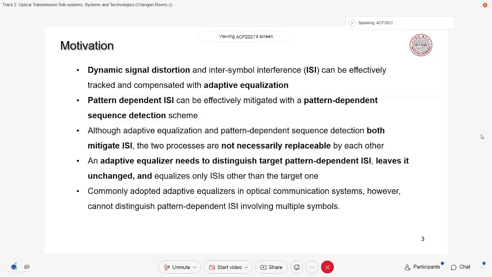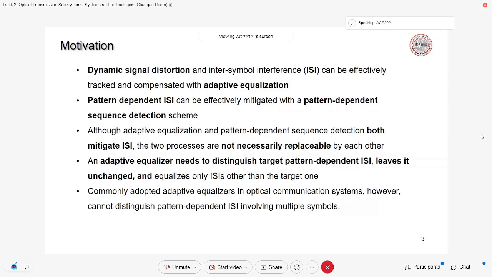Mainly, the target of this work is to have a combined adaptive equalization scheme and a sequence detection, which we use MLC here. And so we can deal with some very severe ISI problem. Because we had previous work when I was at Tyco, we did some MLC stuff for a narrow filtered signal to get high spectral efficiency transmission.